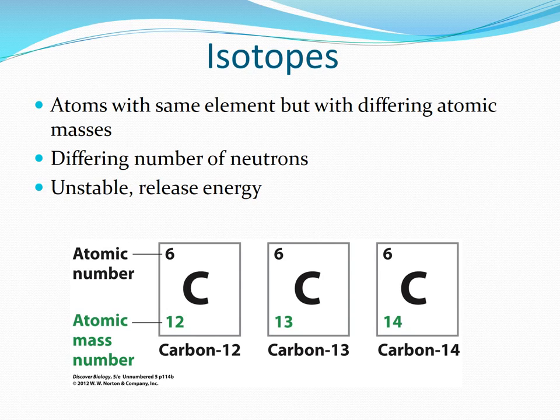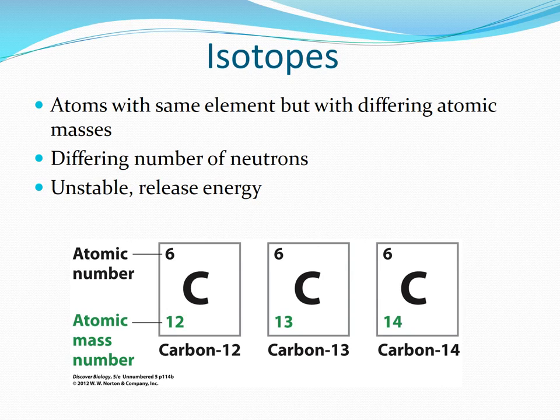So carbon-14 and carbon-13 are both unstable, whereas carbon-12 is very stable. It has the same number of protons and the same number of neutrons in its nucleus. And you can see that because if you take the atomic mass number minus the atomic number, 12 minus 6 is going to give us 6. So that gives us the number of neutrons.